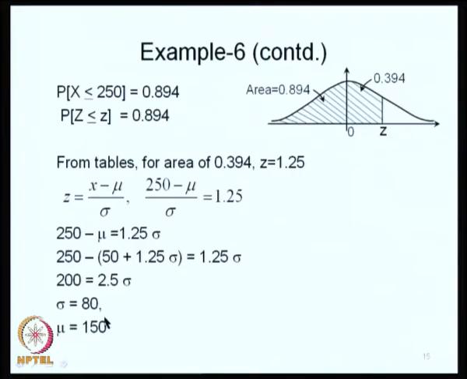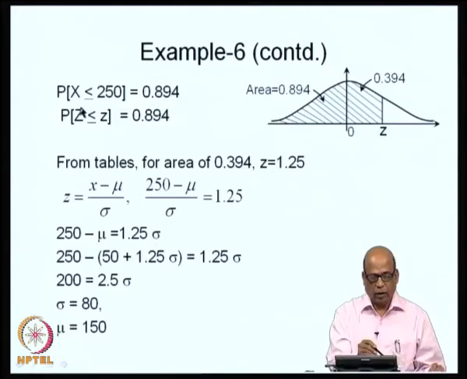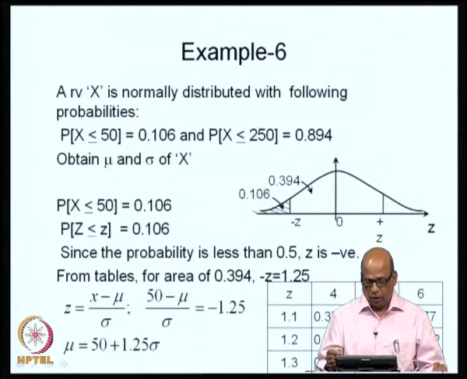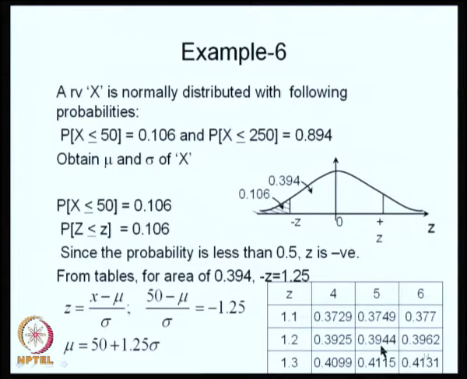Similarly, we use the other condition, that is the probability of x being less than or equal to 250 is equal to 0.894, this is given. So, what are we given? We are given that the area up to this point, including the area to the left of z is equal to 0, is given as 0.894. So, the area to the right of 0 will be 0.394 and therefore, we go back to the tables and look at where is that area which is 0.394.